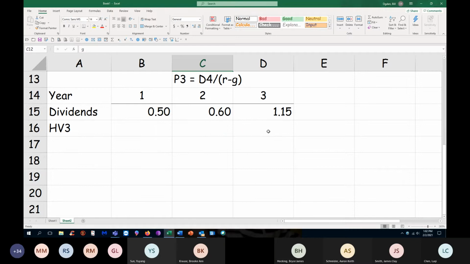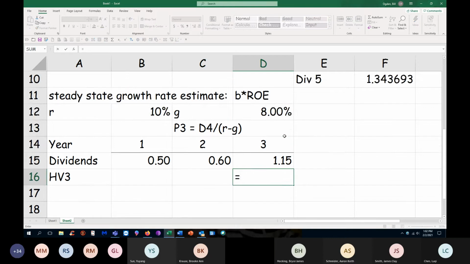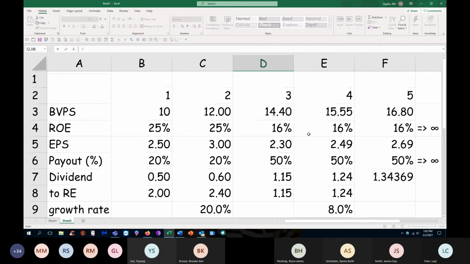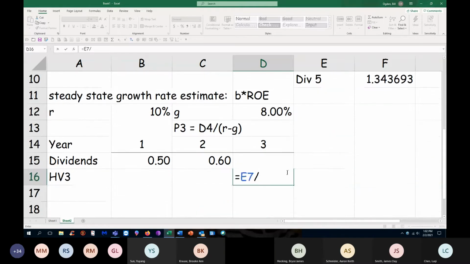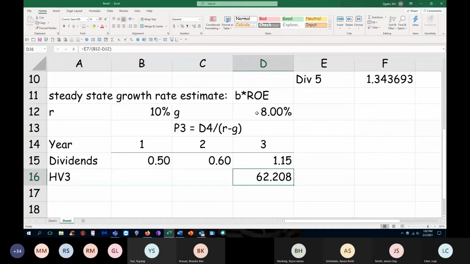All right, so let's calculate HV3 equals D4, that's $1.24, divided by the quantity R minus G. Okay.